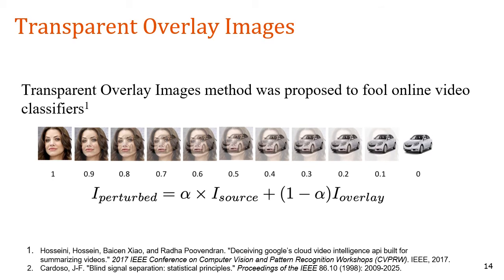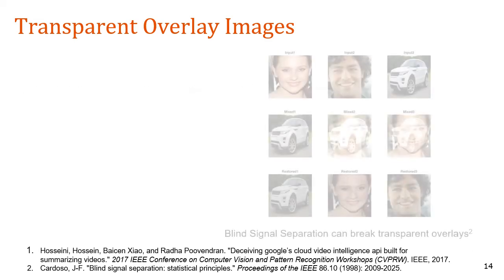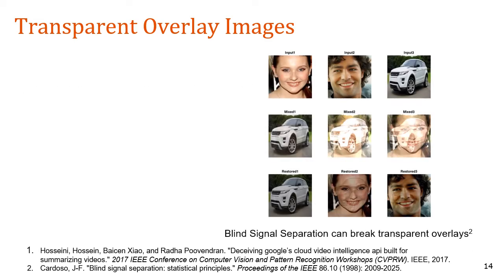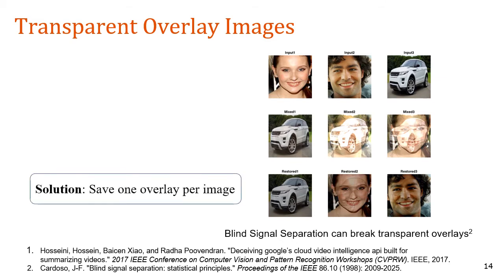Here, for example, the picture of the car is an overlay image, and the picture of the face is a source image. Unfortunately, this approach is vulnerable to blind signal separation when we use one overlay image for several images. If we save one overlay per image, this approach can be used for image privacy, but it's not practical since we need to save one perturbation per image.